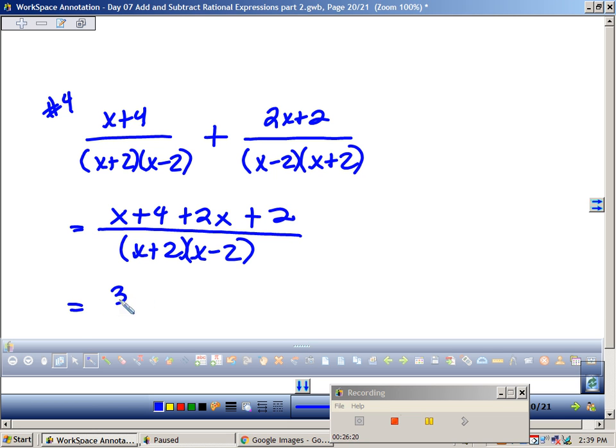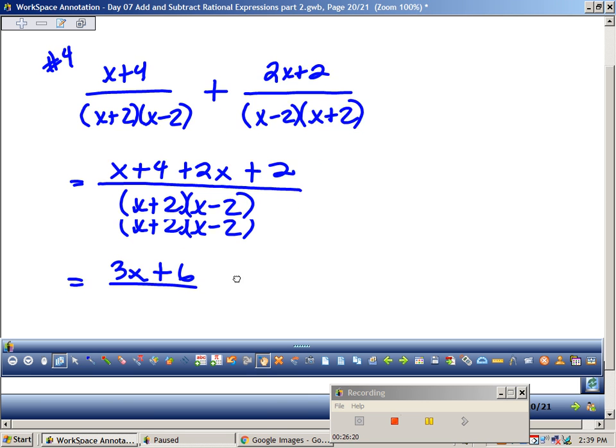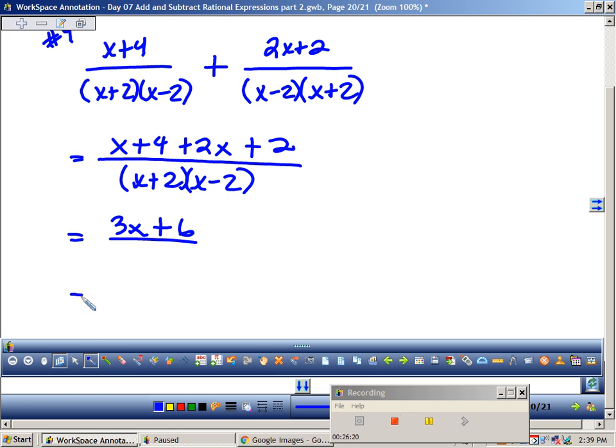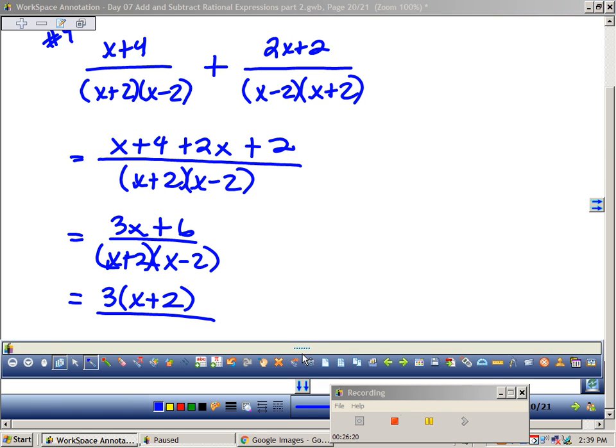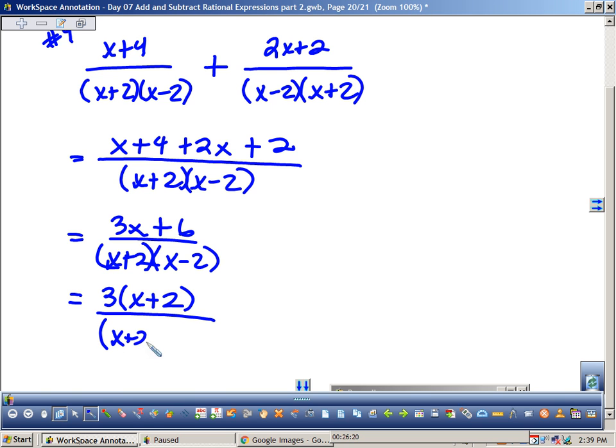x and 2x make 3x. 4 and 2 make 6. Over x plus 2, x minus 2. You guys, I'm talking and I'm recording. So now I'm going to factor out a 3, which is 3 times x plus 2 over x plus 2, x minus 2.